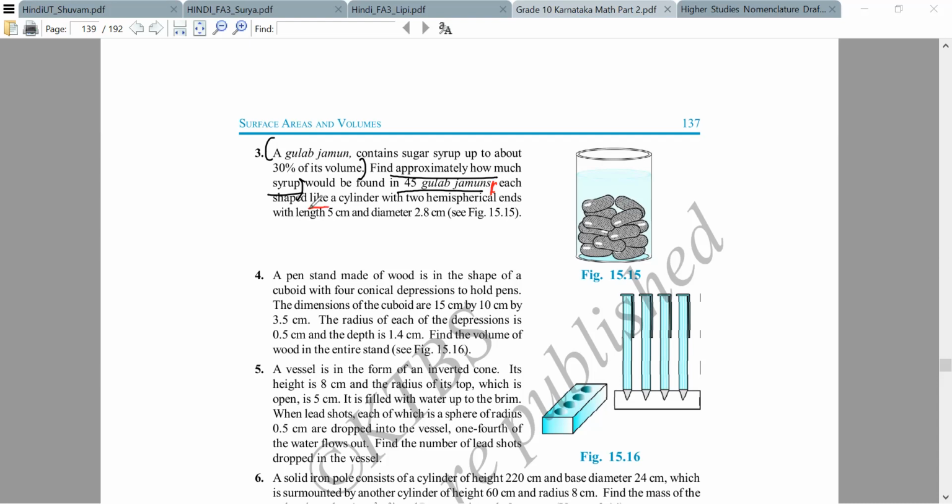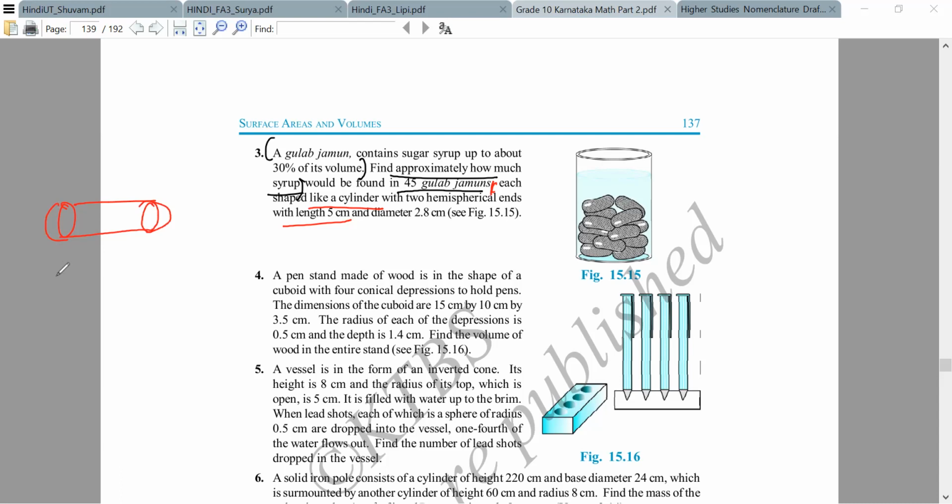Each shaped like a cylinder with two hemispherical ends, with a hemisphere here and a hemisphere here. Let me draw it. So there is a cylinder and a hemisphere here and a hemisphere here. Not able to draw. Now they have given us the information: length 5 centimeter.